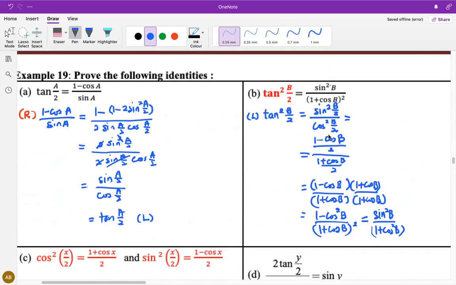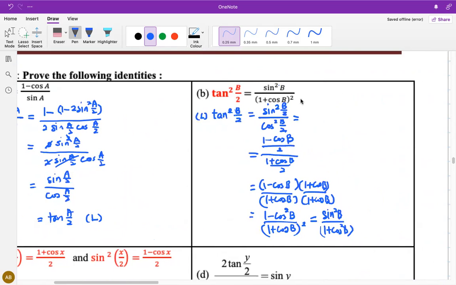So you can try from here to prove until you get this, 1 plus cos B over 2. Right. So here also can. Okay. So my way is like this.